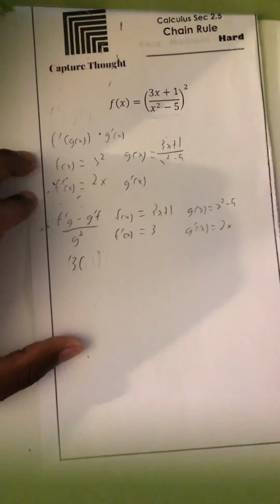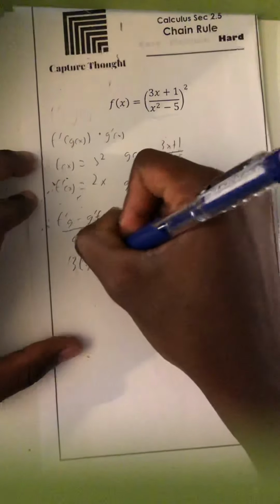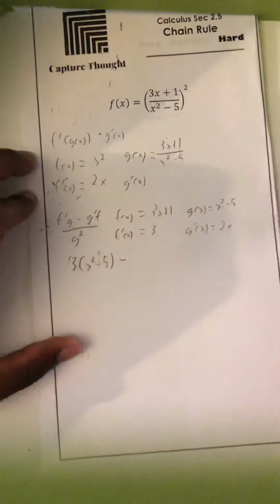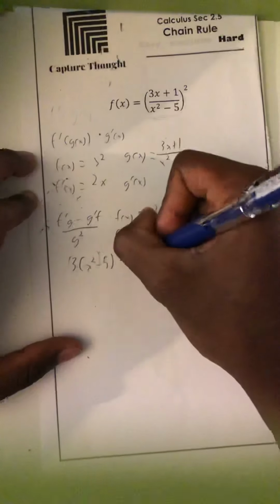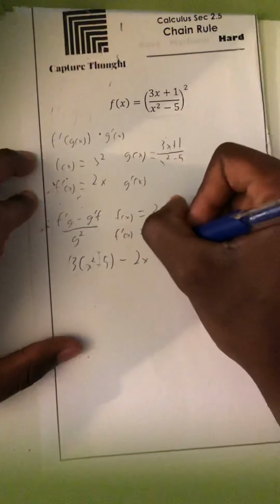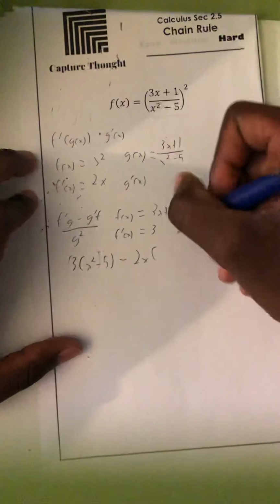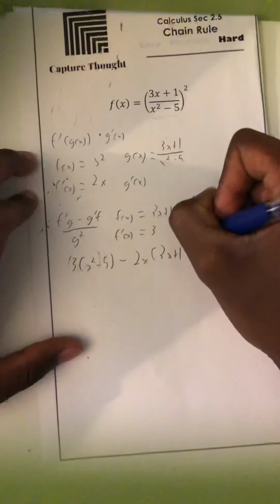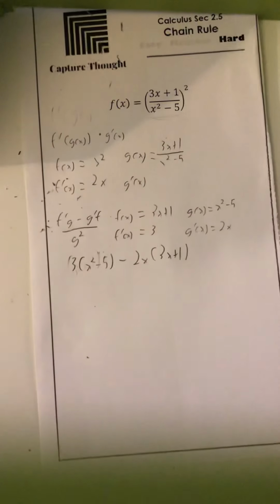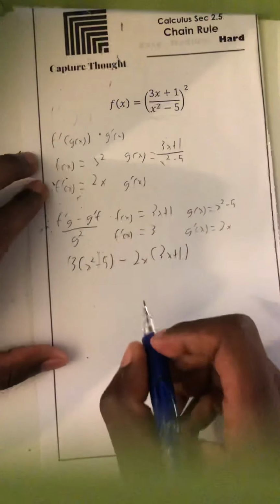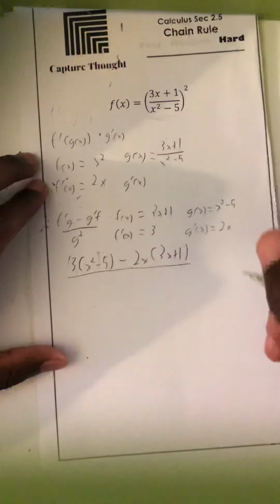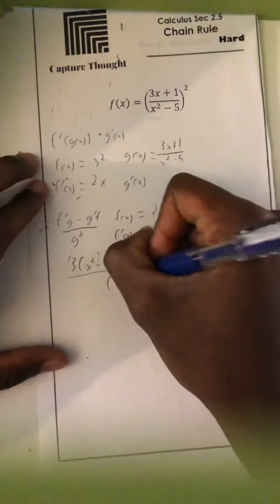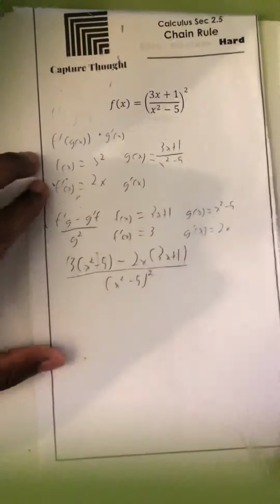Then we multiply that times g, which would be x squared minus 5. And this is subtracted by 2x, which is going to be times f of x, which is 3x plus 1. And then once we do that, we can put that all over g squared, so x squared minus 5 squared. So that's a pretty big boy.